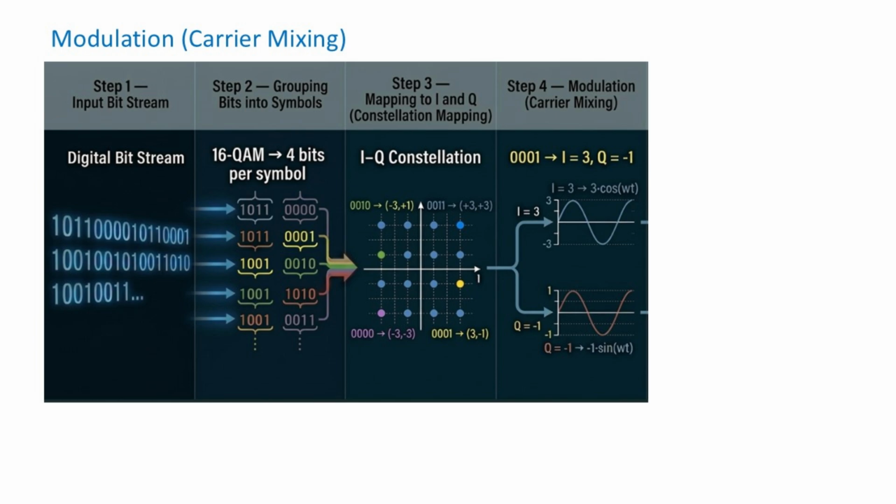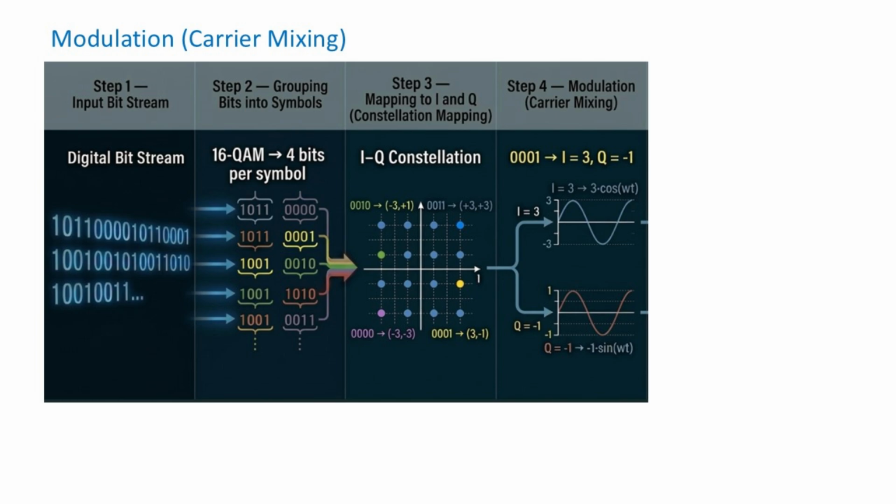The I value goes into the in-phase branch and multiplies a cosine carrier signal, so we get 3 times cosine. At the same time, the Q value goes into the quadrature branch and multiplies a sine carrier, which is shifted by 90 degrees. So we get -1 times sine. So instead of transmitting raw numbers, we are now using them to scale 2 orthogonal carrier waves, which is the core idea behind QAM modulation.